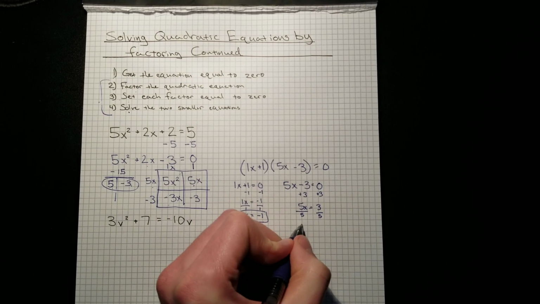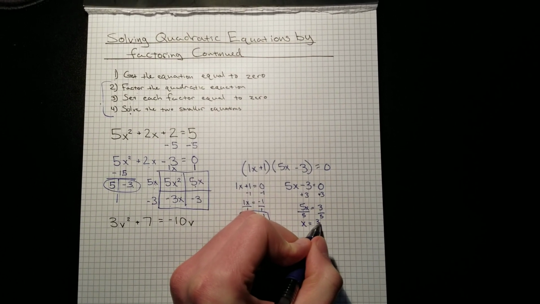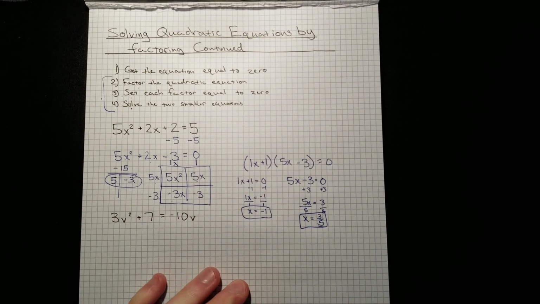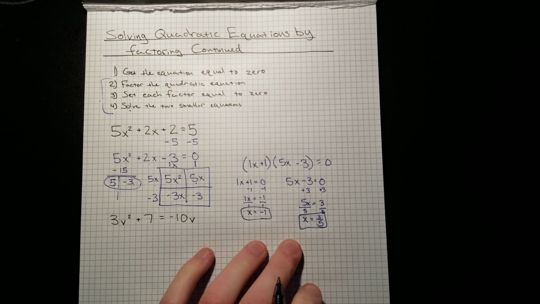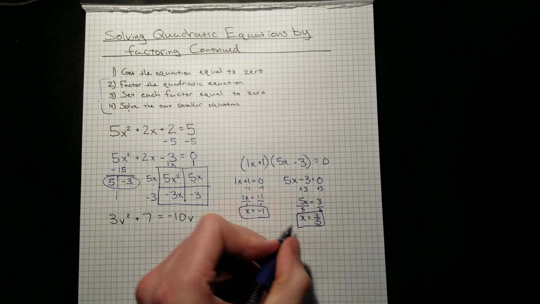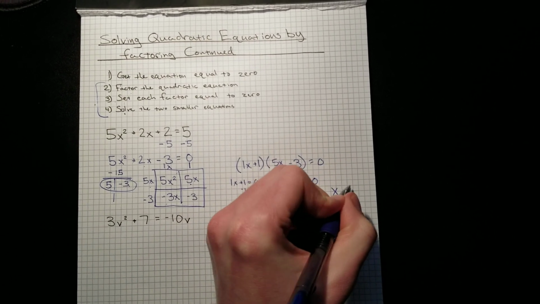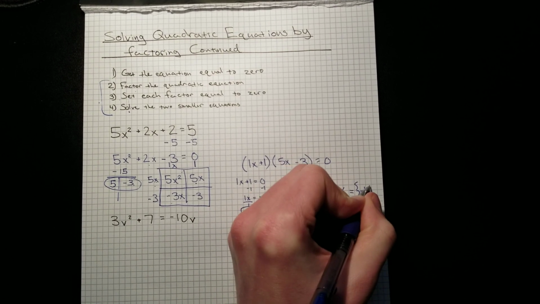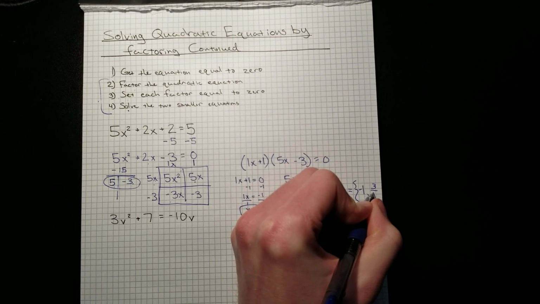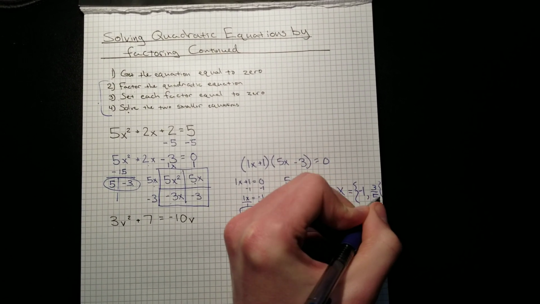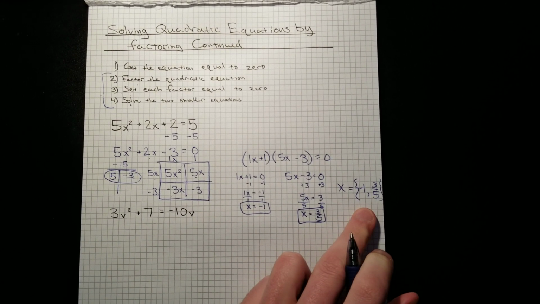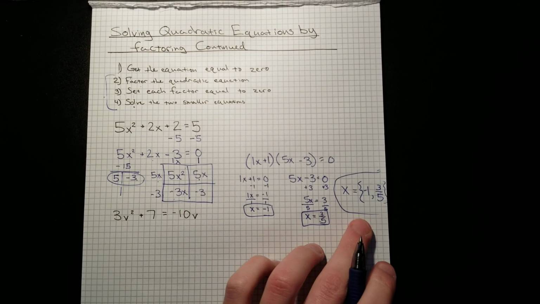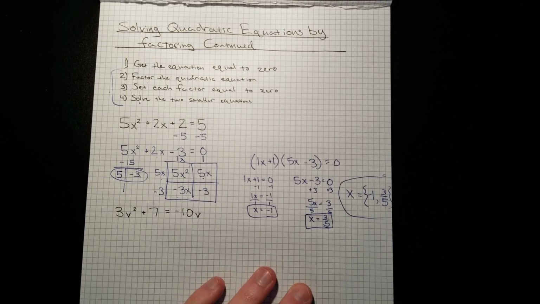And we divide by 5. x equals 3/5. We'll just leave that as a fraction. So that means that our final answer here is x equals negative 1, and the other answer is 3/5. If you write that in brackets, it would look like that. So those are our two answers right there, negative 1 and positive 3/5.